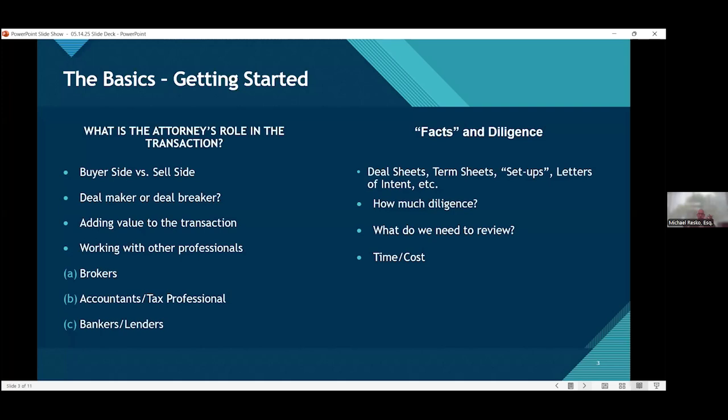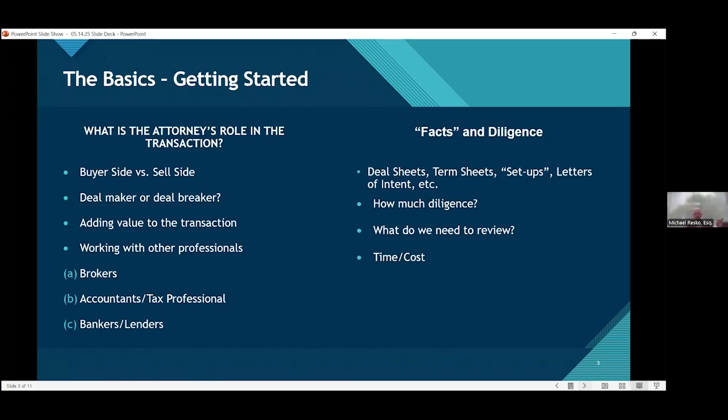Just like a real estate transaction, there may be a deal sheet, a term sheet, a setup, some kind of letter of intent outlining the agreed upon terms of the accepted offer: price, generally what's included in the transaction, the assets that are included, and maybe some more detailed information about the seller.